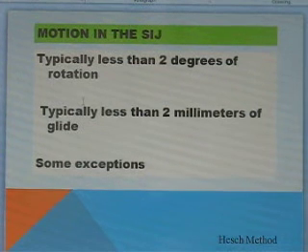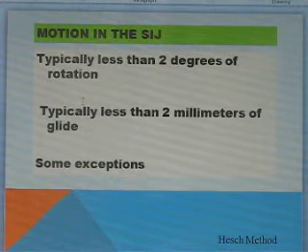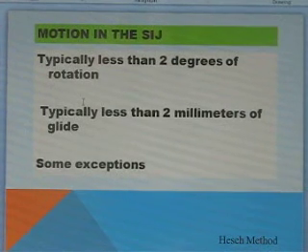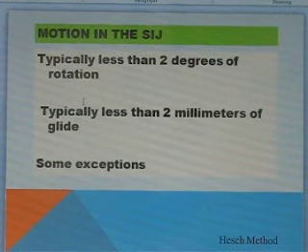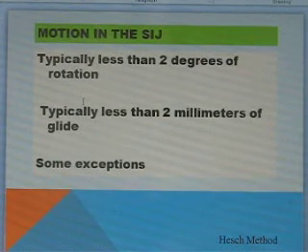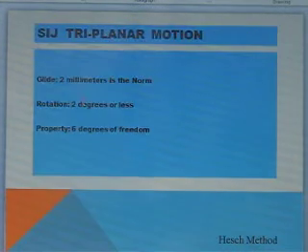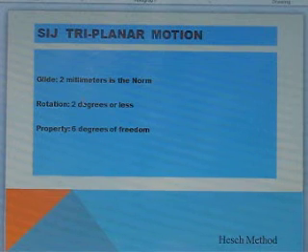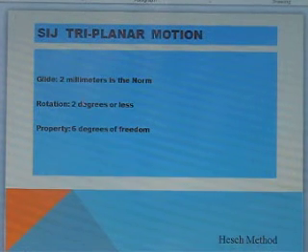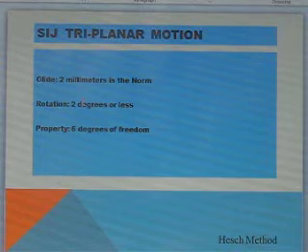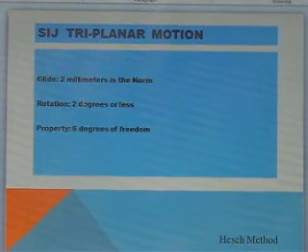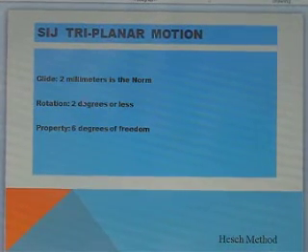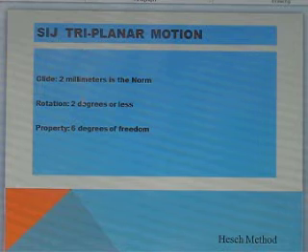And certainly in the peripartum and postpartum states, the pelvis is much more mobile, and so motion can be much greater than that, and some people do sustain trauma such that their motion is certainly much more than that. Motion is triplanar, and the main concept is that the joint properties allow for 6 degrees of freedom in the pelvis.